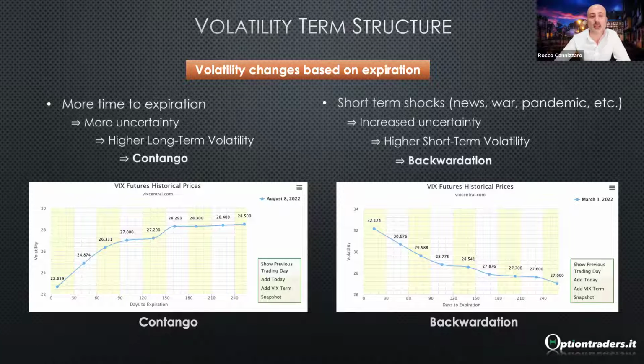By looking at the option chains, or at a chart like this, you can get a feel for the volatility of the shorter dated option versus the volatility of the longer dated option.